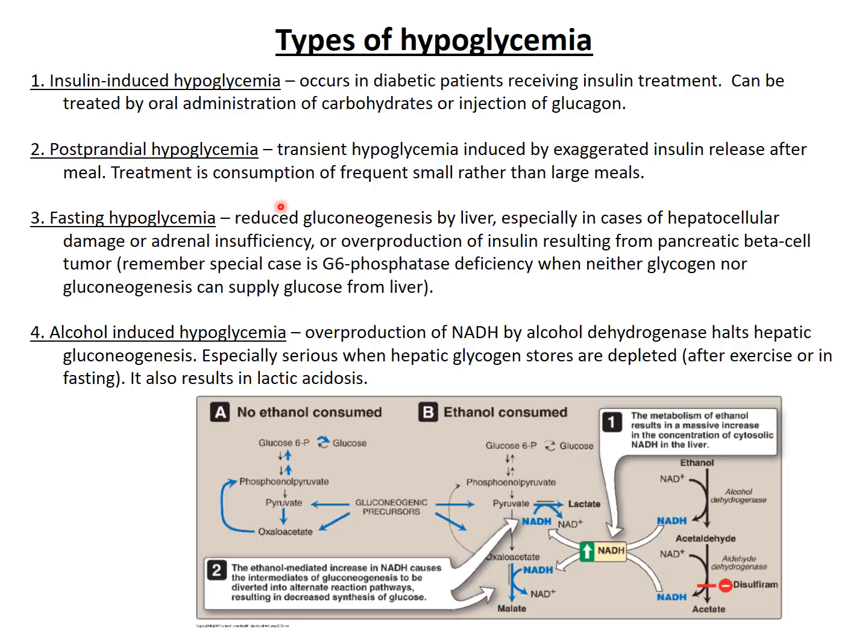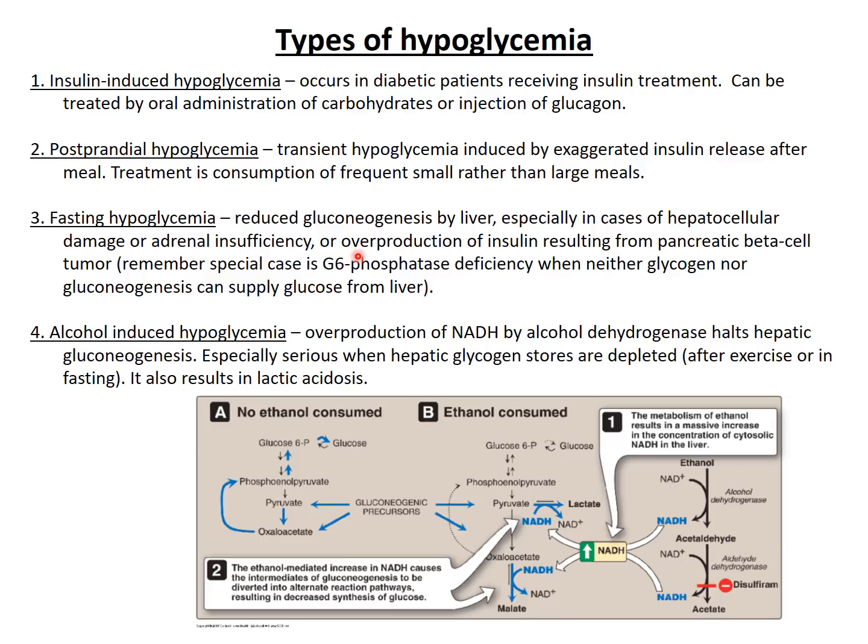So what is fasting hypoglycemia? Again, it is not normal. When you fast, you still have your liver to produce glucose, so you should not go into hypoglycemia and hypoglycemic shock. So it is a sign of a problem of gluconeogenesis by the liver. It can happen, as you already learned, in hepatocellular damage. It also can happen in adrenal insufficiency when not enough epinephrine or glucocorticoids are produced.